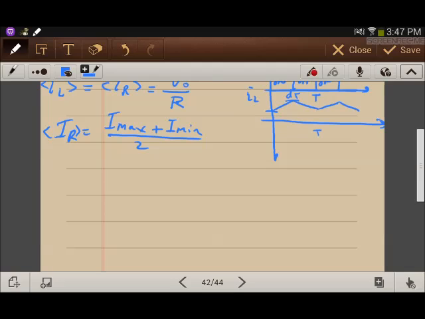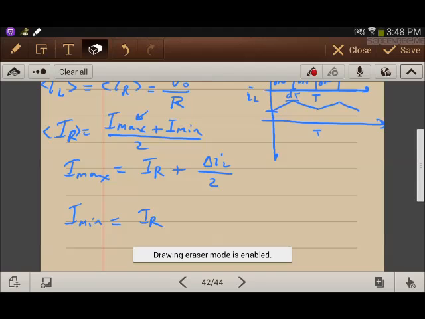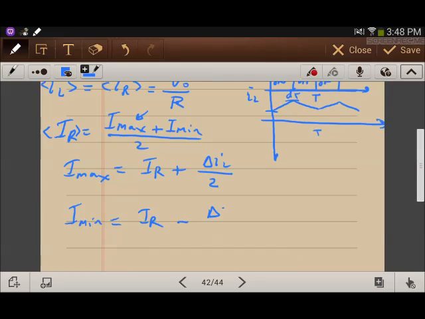So if I want to find I max, it is equal to IR plus delta IL over 2, and I min is equal to the resistive current minus delta IL over 2.